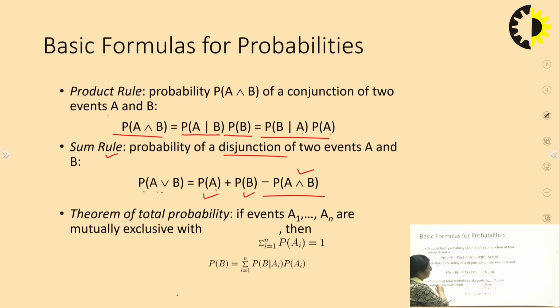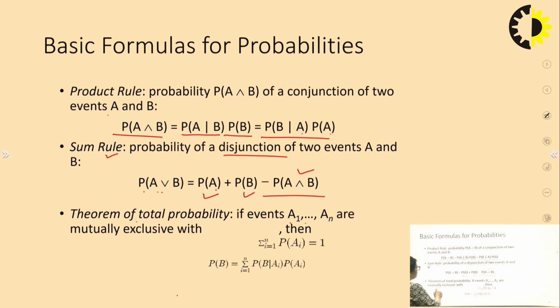Now, what is the theorem of total probability? If we have more than two events, the events for which we are calculating the total probability are A1, A2, up to An.